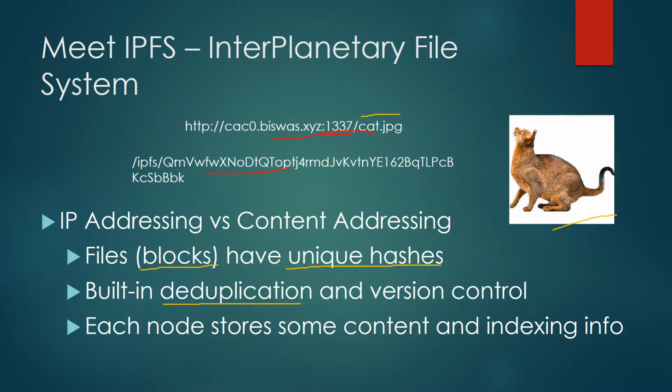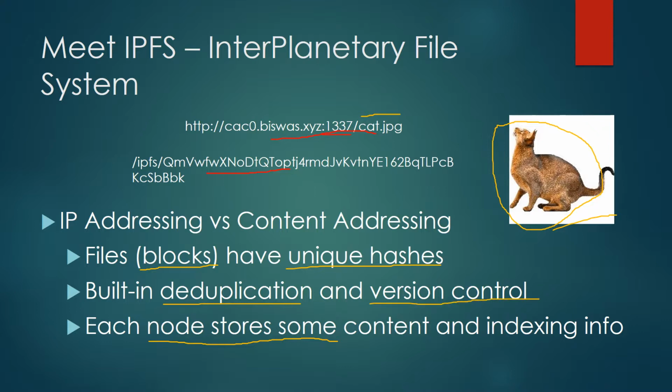If there's an image of this cat that is very similar to another one, the blocks in those images, if they're the same, would only be stored once on the network, which saves a lot of data and performs deduplication. And version control works in a similar fashion like Git using Merkle-DAG.